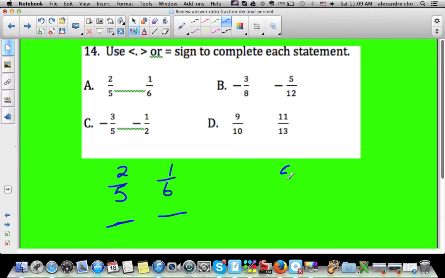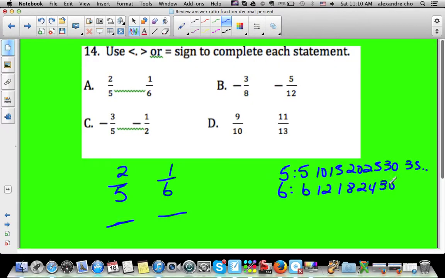So if you want to do LCM on the side, 5 and 6, these common multiples: 5, 10, 15, 20, 25, 30, 35, etc. 6, 12, 18, 24, 30. Ooh, look at that. We have a common number. So that's 30, and that's 30.